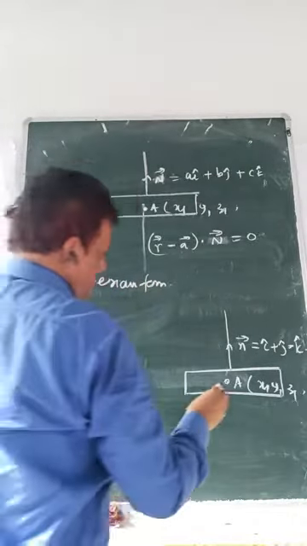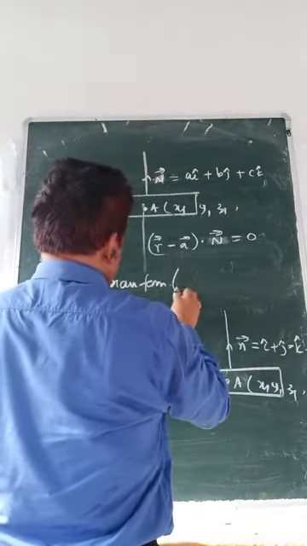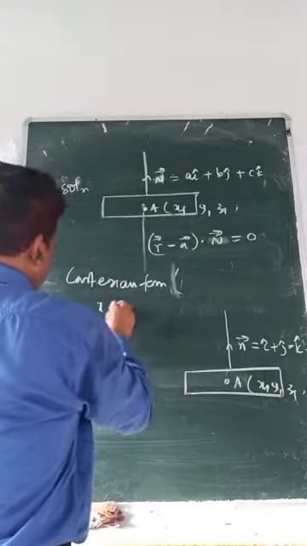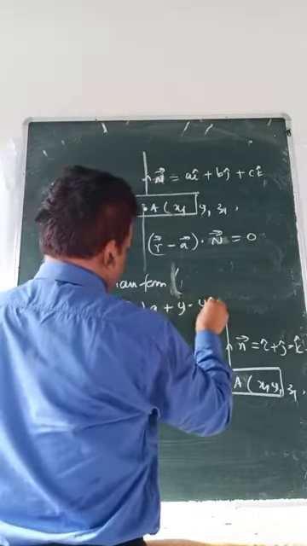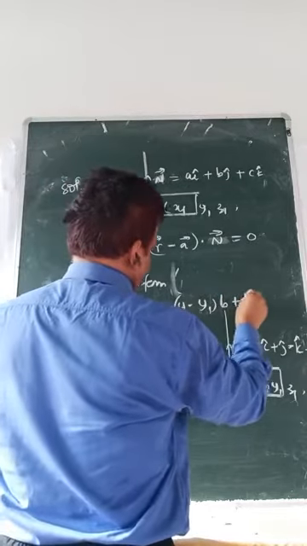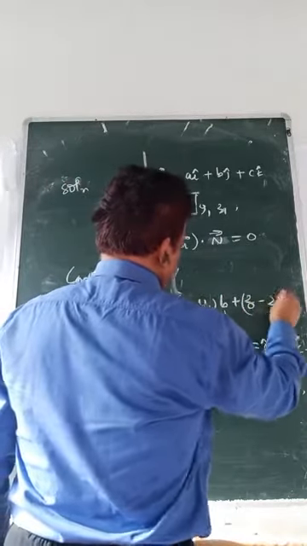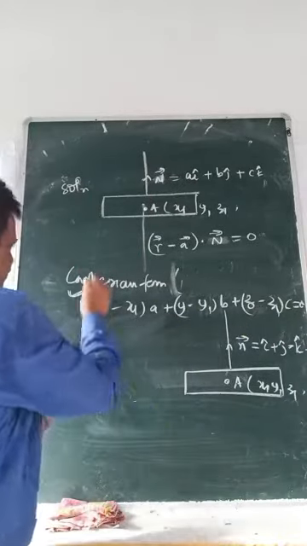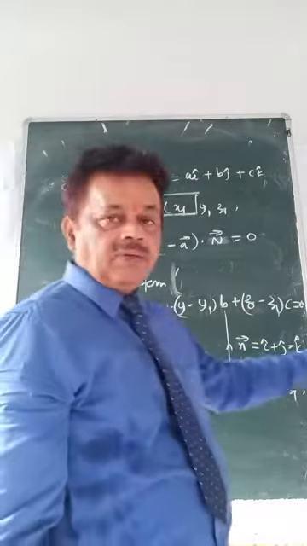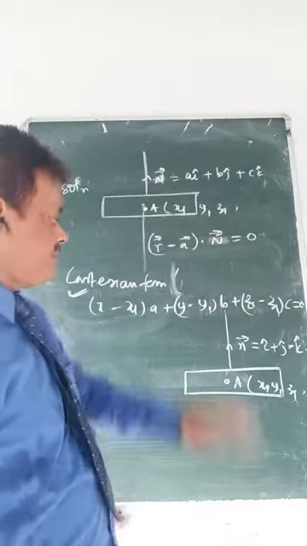Cartesian form is a(x minus x1) plus b(y minus y1) plus c(z minus z1) equals 0. So you remember this. If you remember one formula, from here you can convert to vector form.